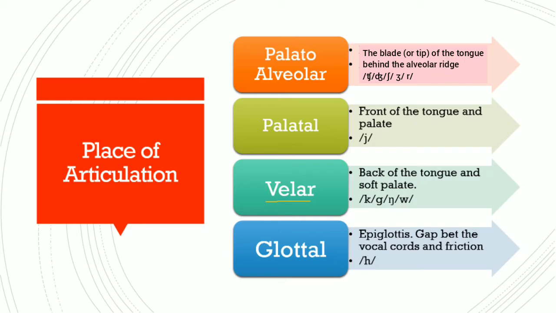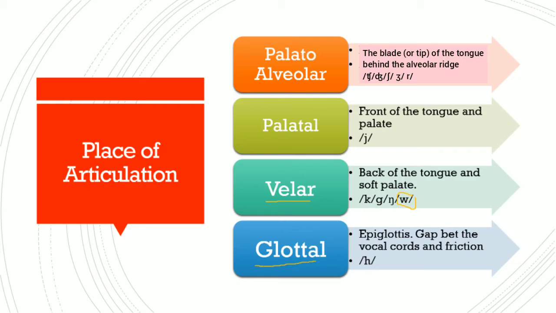Because when you produce wa, the air is also released behind your lips. So some authors say that the wa sound, this semivowel, is a velar approximant sound, and others say that it's a bilabial approximant sound. So that depends. You should say that they are velar or bilabial, but they are approximant in the sense of the consonant wa.